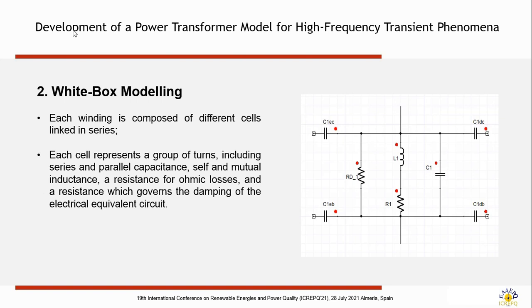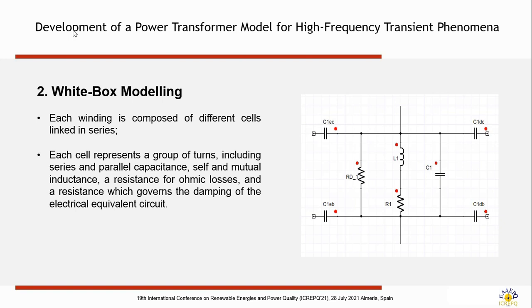In the model, every winding is constructed by cells, as they're represented here. This cell represents a geometry like a group of turns, a group of disks, a single disk, depending on the accuracy that you desire.